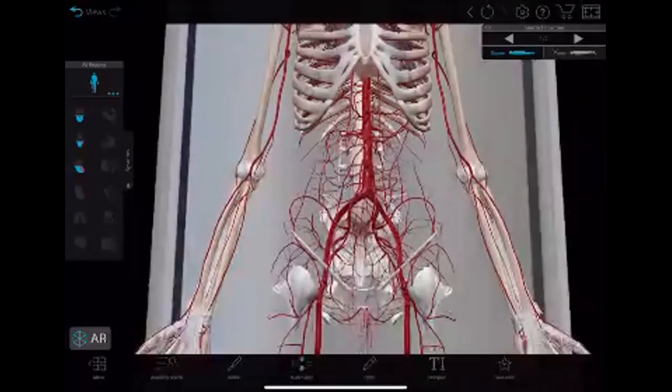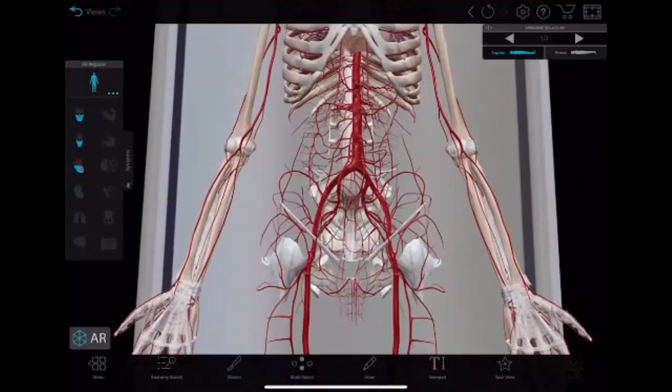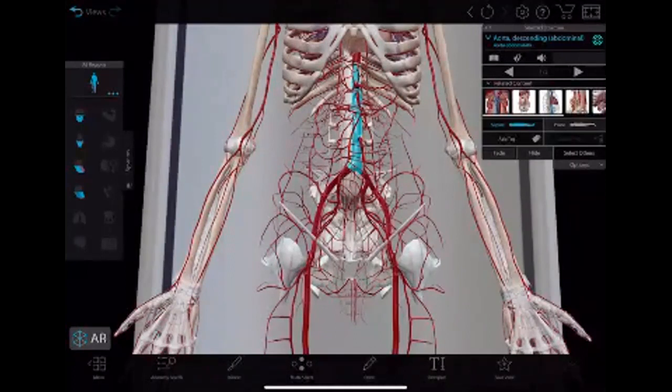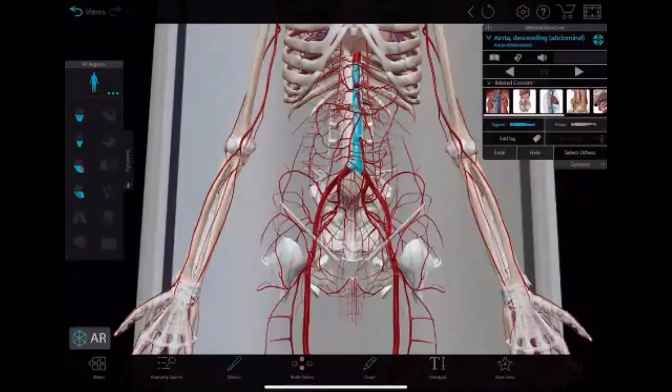Then we will discuss in detail the femoral artery. So that is the descending aorta or abdominal aorta, which supplies the lower part of the body.